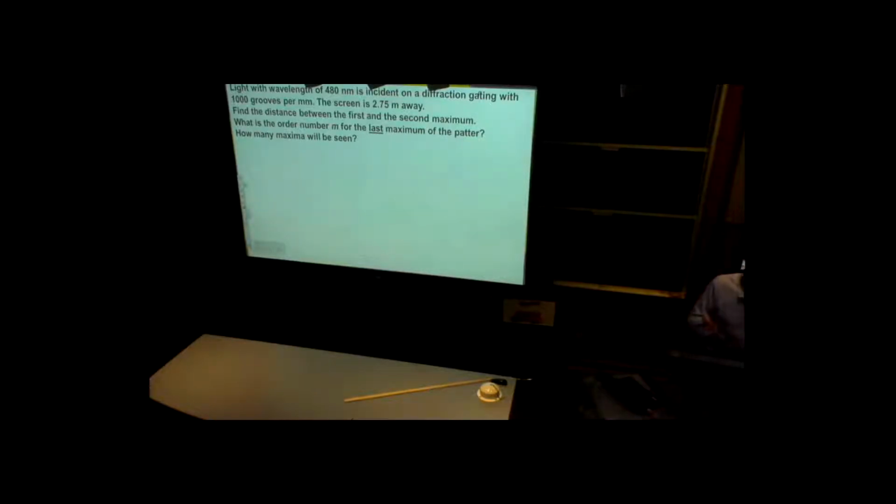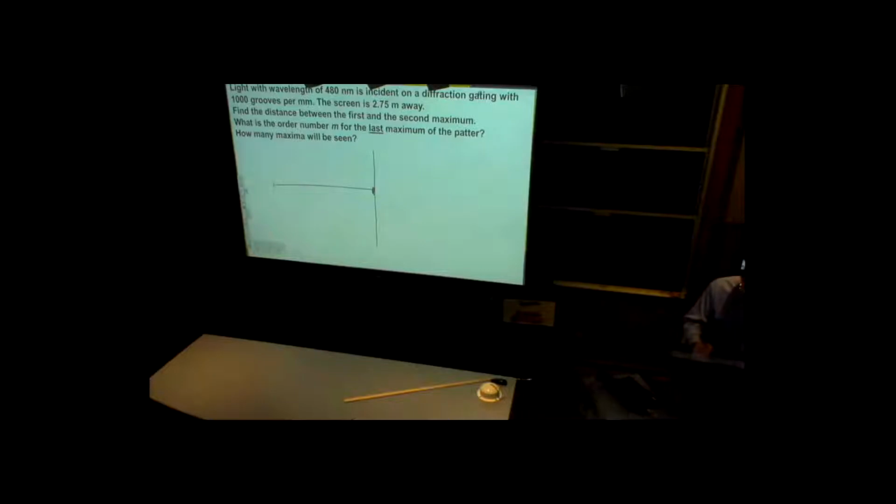Diffraction grating, how do we draw a diffraction grating? We don't. We just need to indicate the location of the device, and we need to know what kind of device it is. And there is a screen far away.